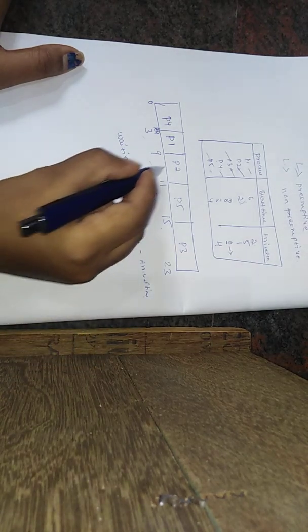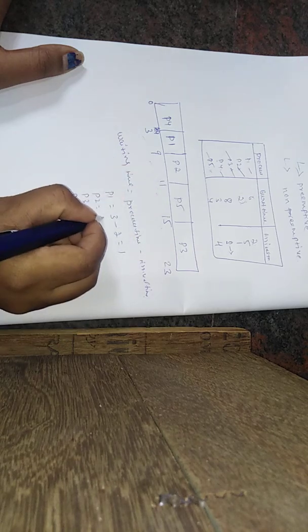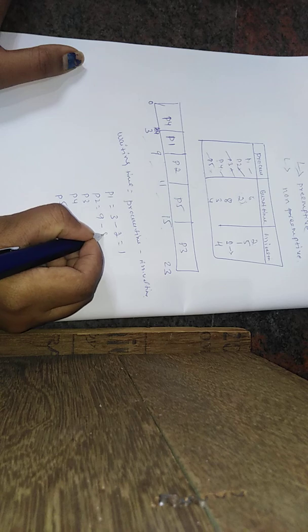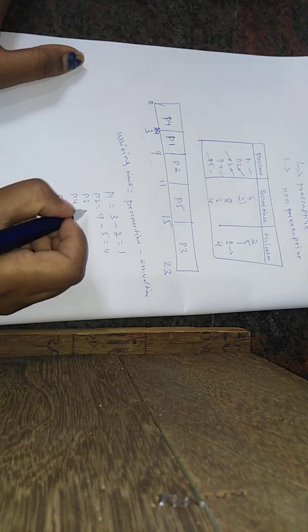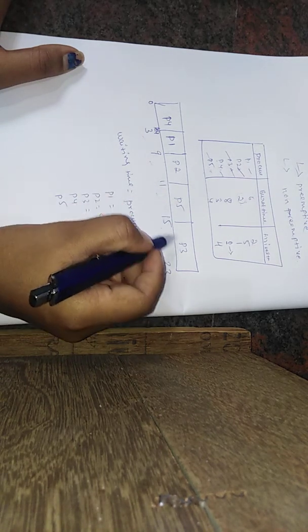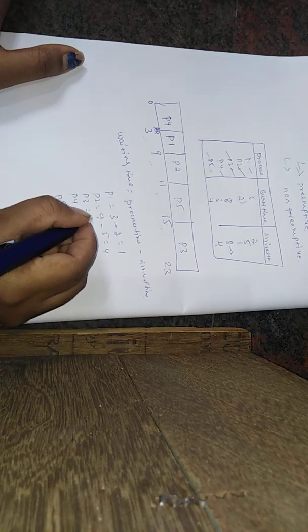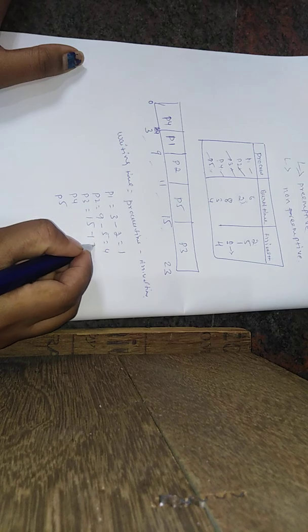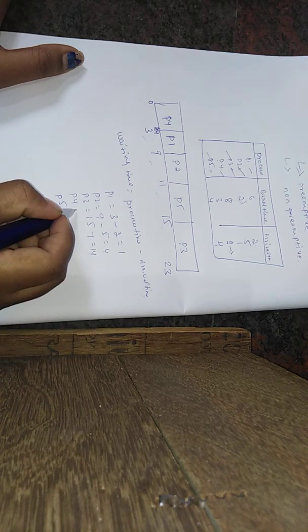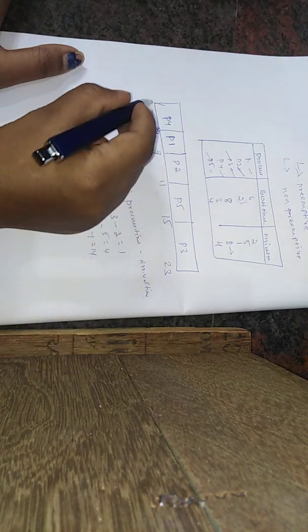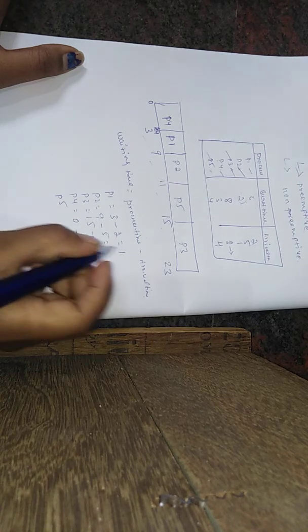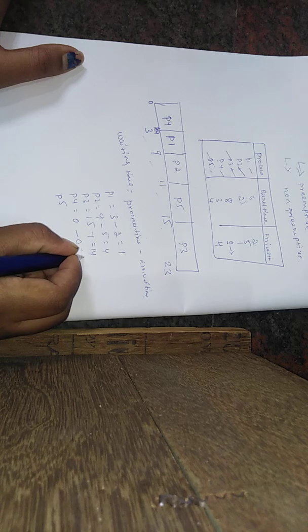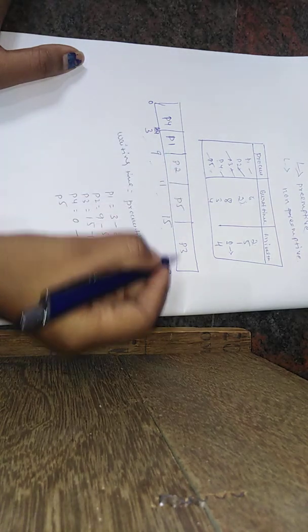Next P2 value is 9, minus 5 is equal to 4. P3 value is 15, minus 1, so 14. P4 value is 0, arrival time also 0, so 0 minus 0 is 0.